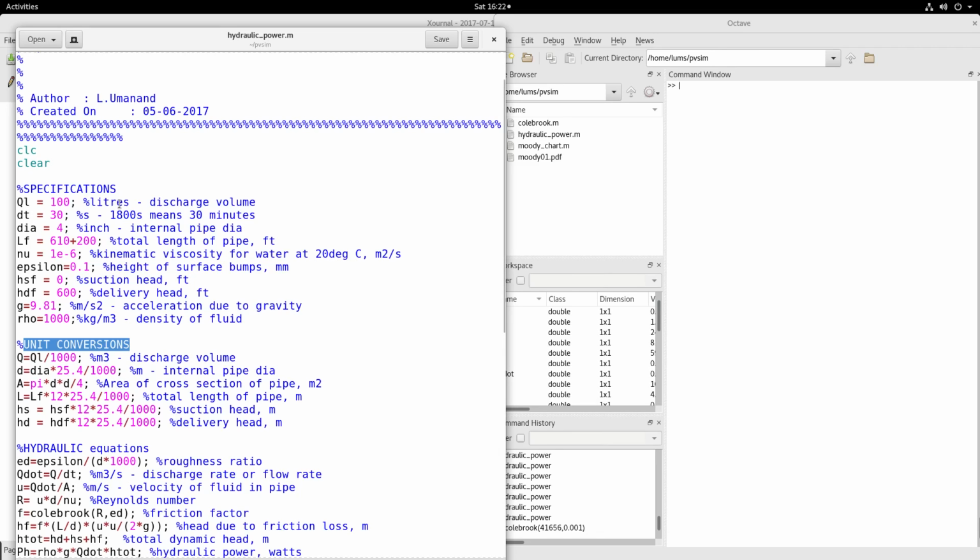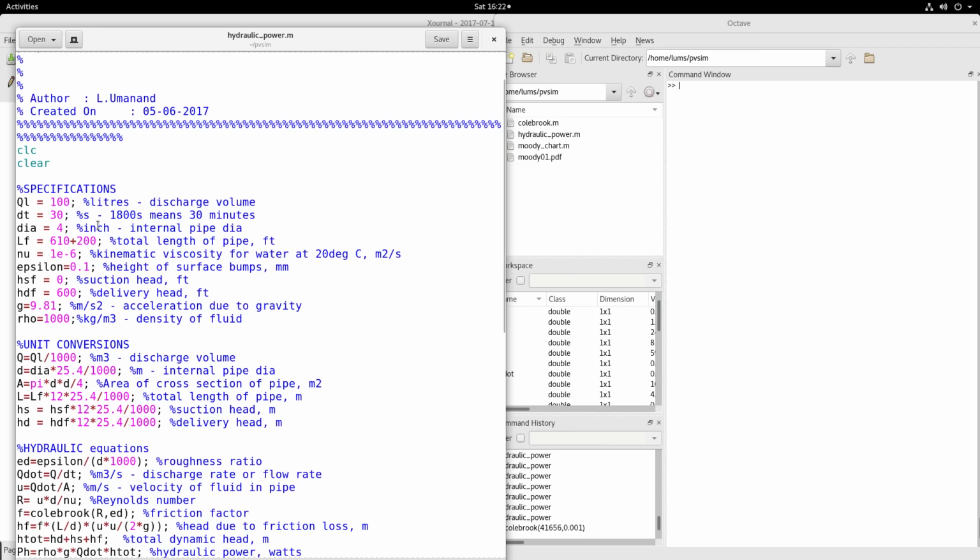Like as I said, the discharge volume, even though we need to finally express in meter cube and use the various equations in SI units, the input is in the form of liters for discharge volume.